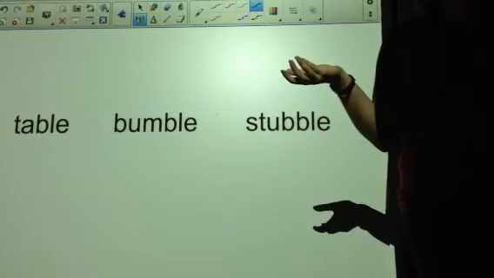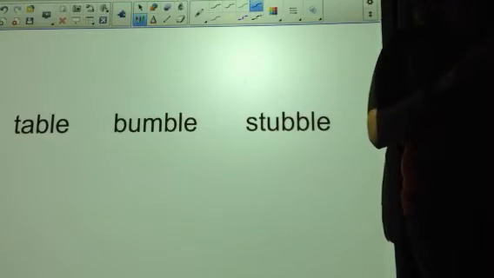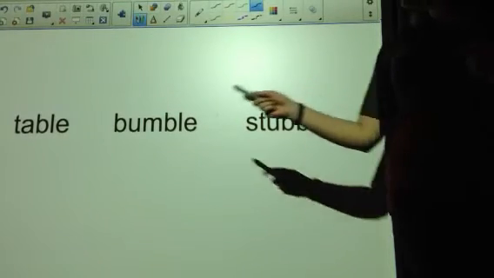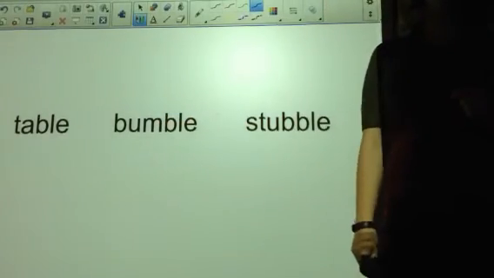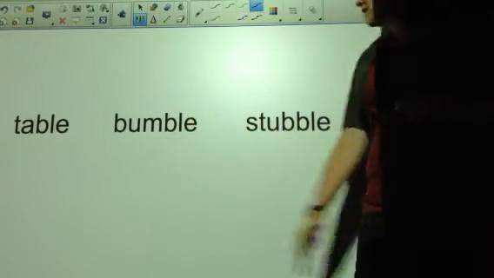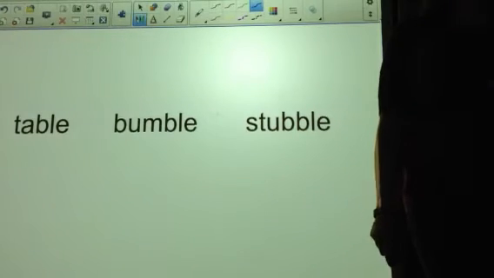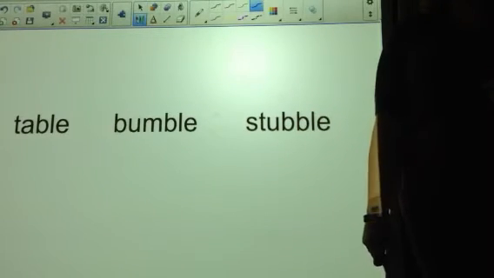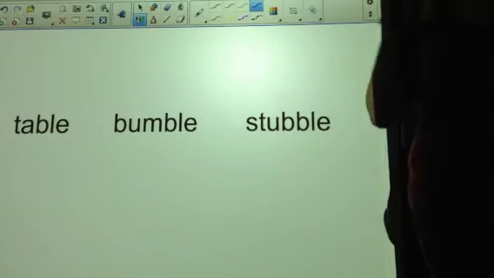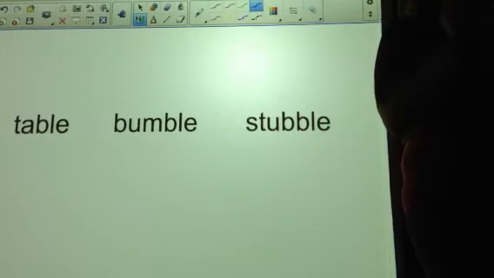But there are other final syllables that are not B-L-E, like T-L-E or P-L-E, C-L-E. But so is bum. Bum is a syllable. Stub is a syllable. What is a syllable? Think about what we talked about as syllables at the beginning. It's a sound that makes one word. No, it's a part of a word that contains a vowel sound.